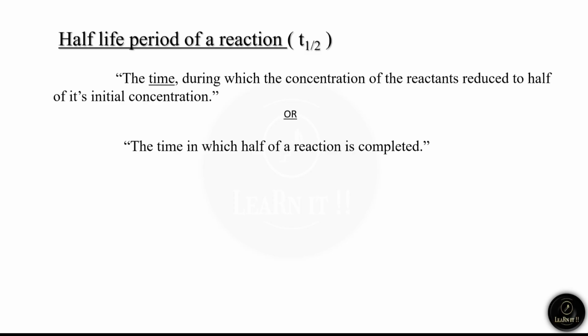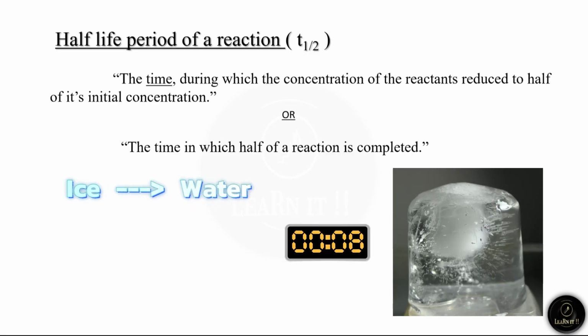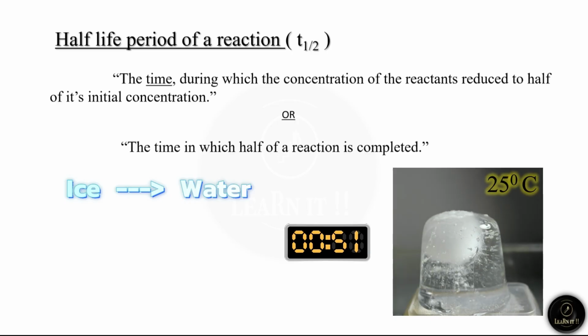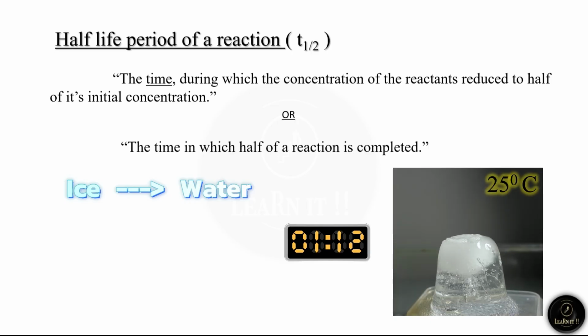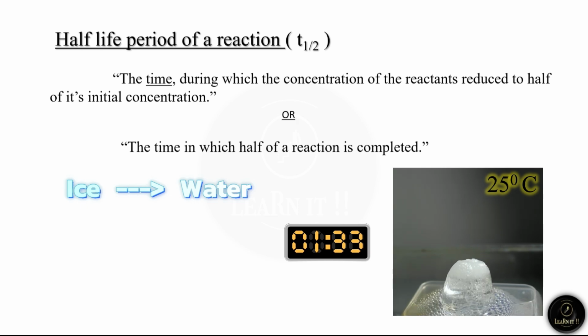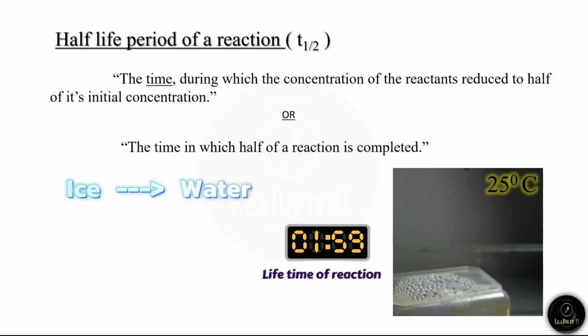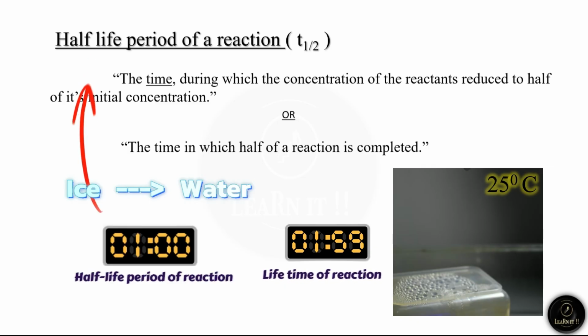Let us take one example, that is conversion of ice into water at constant temperature. So it takes around 2 minutes to become ice to water. So 2 minutes is called the lifetime of a reaction, whereas half of that lifetime of reaction is called the half-life period of reaction.